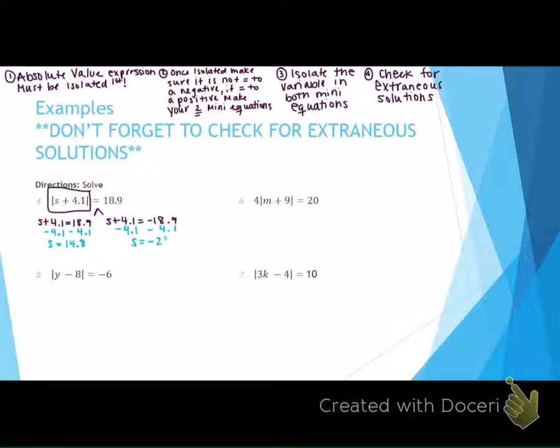Check me and make sure. I think that's negative 23. If I'm wrong, let me know. So my solutions, I think, are S equals 14.8. Sorry, I don't know why I'm rewriting that like that. And negative 23.